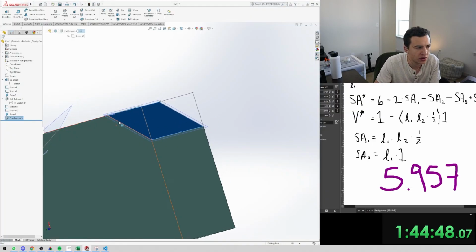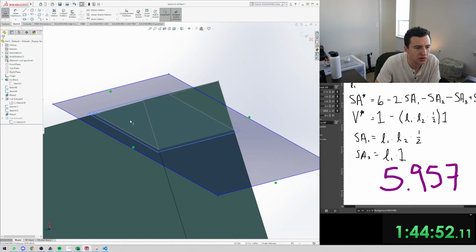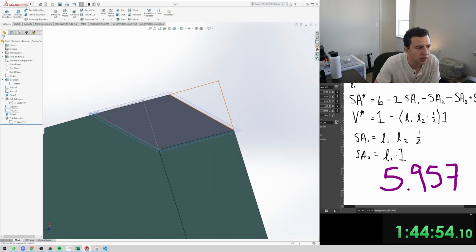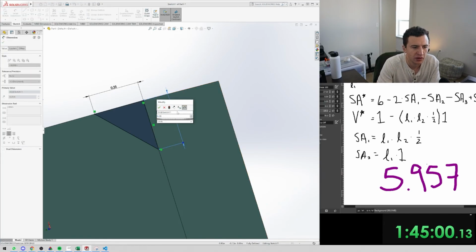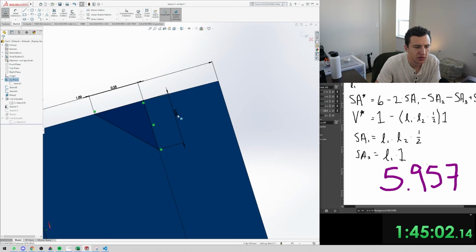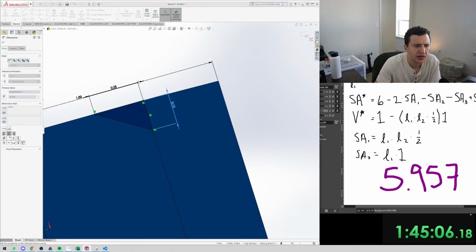So to show you over here in this extremely legal version of SolidWorks, these are both 0.15. Oh, I just typed in the same number. All right.